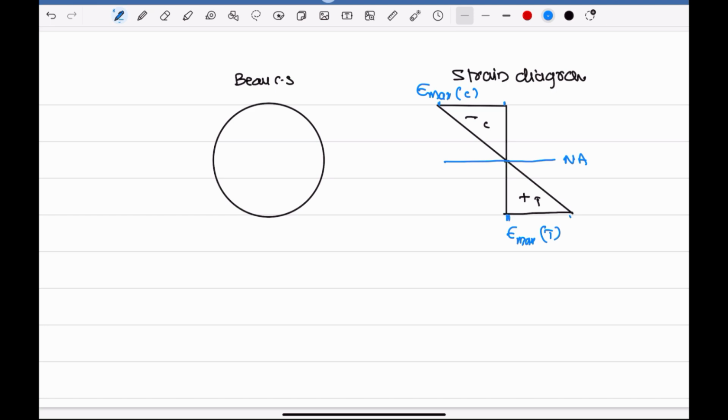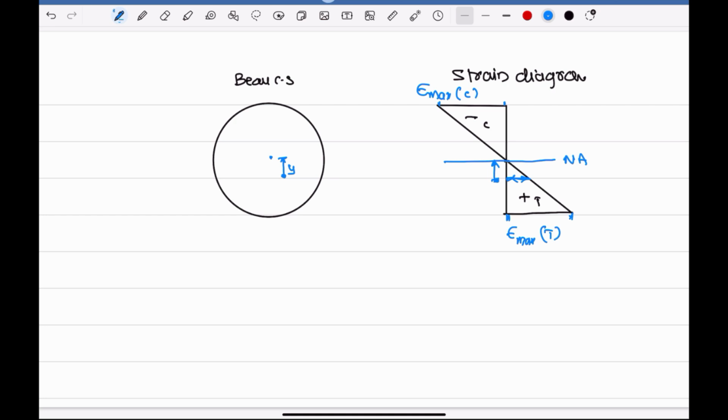And if you want strain at any particular point, let me say at a distance of y from here, then because it is down, it will be a tensile strain, and the strain is this.